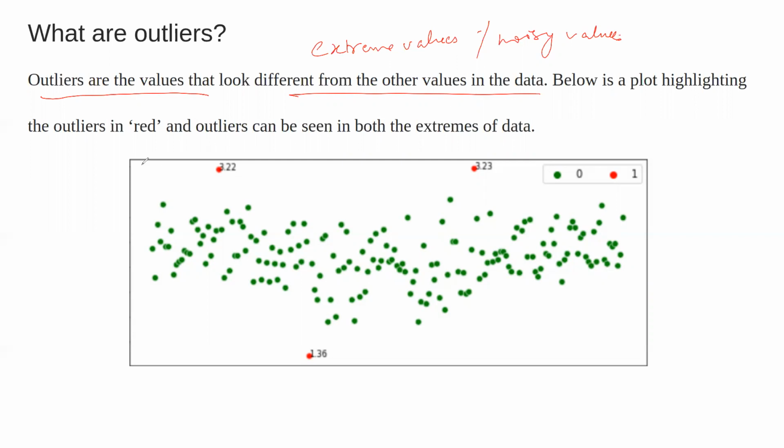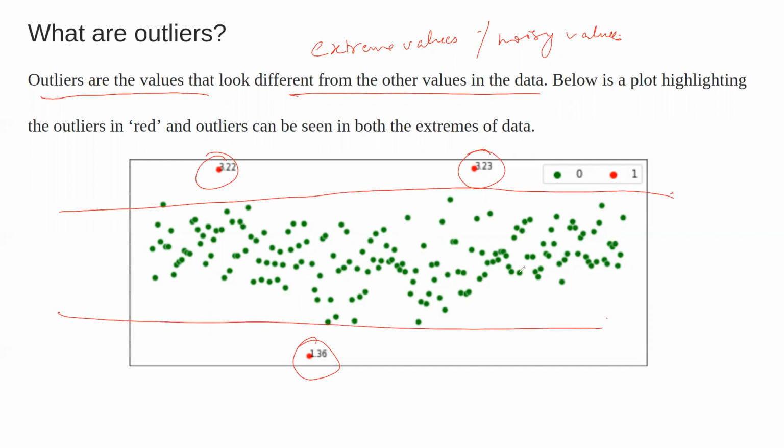We can see in the plot below that the red colored points are outliers, as they are extremes, lying at either extreme of the general trend of the data. The green points are showing the general trend.